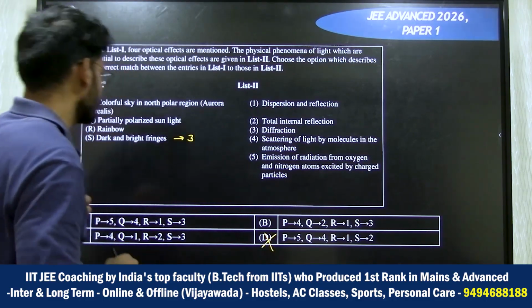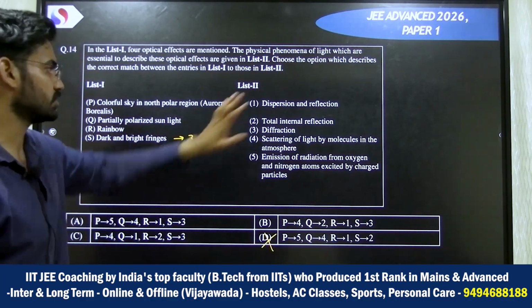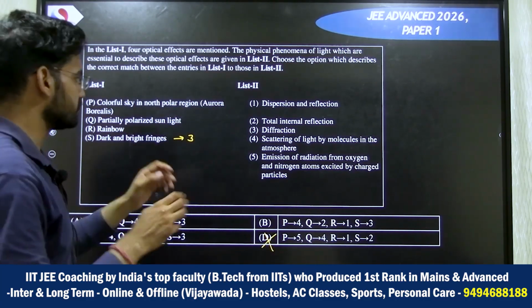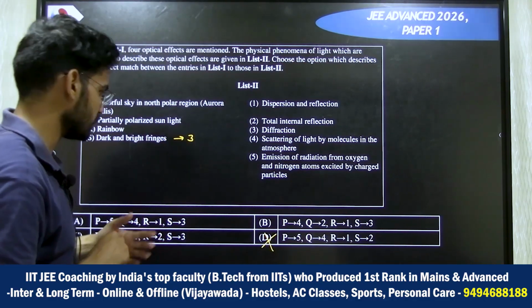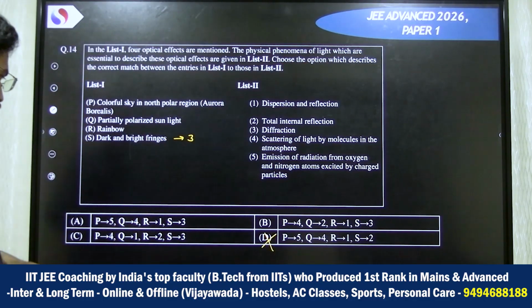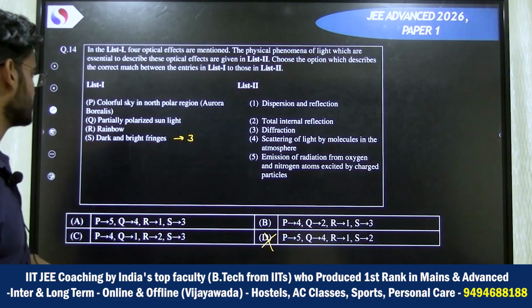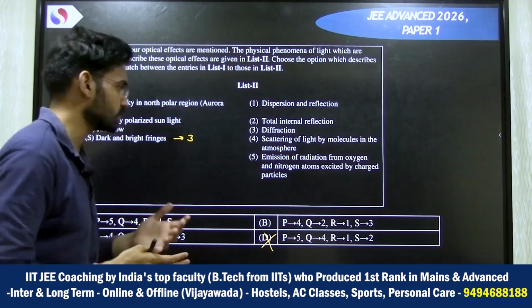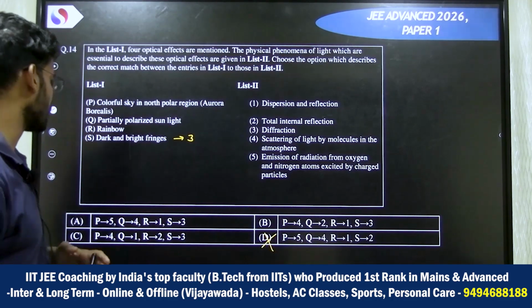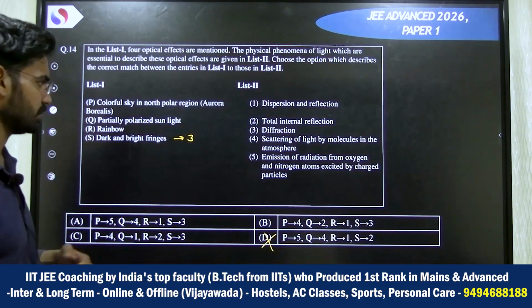You call it reflection, but dispersion is for sure there in a rainbow, right? So either 1 is there or 2 is there in R, anything is possible. So R is not eliminated yet. But as we know, dispersion is there. Obviously without dispersion, rainbow formation is not possible. So R we can say 1, and easily I can say that the C option is eliminated, okay?